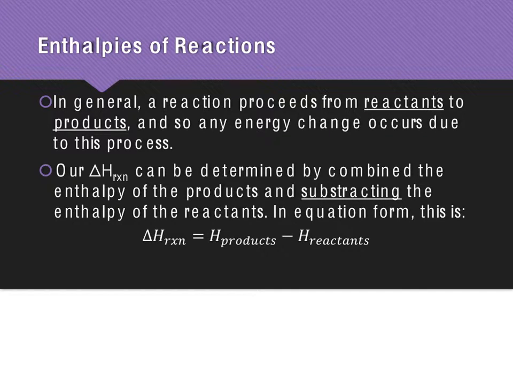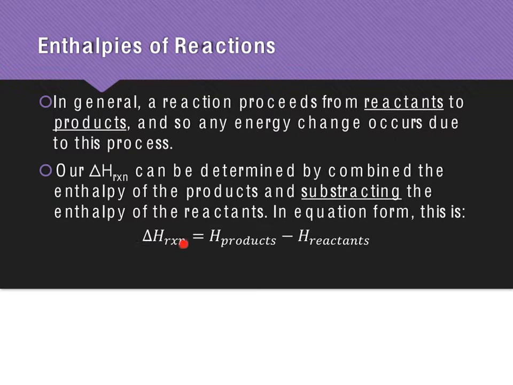In general, a reaction proceeds from reactants to products, and so any energy change occurs due to this process of reactants converting to products. So our enthalpy of reaction, therefore, can be determined by combining the enthalpy of the products and subtracting the enthalpy of the reactants.